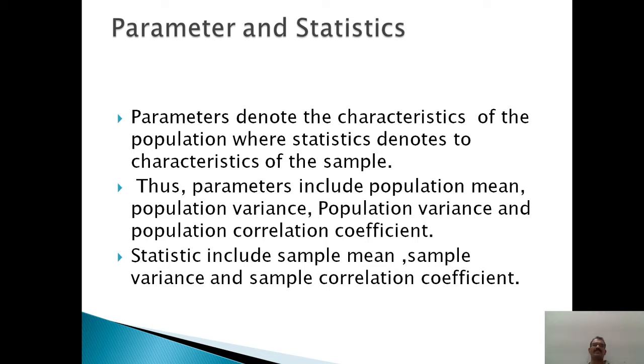These are all examples of parameter. Statistics include sample mean, sample variance, sample correlation coefficient, etc. So when we make calculations with regard to the population, the result is called parameter, and the measurement of sample, that is sample mean, is called statistic.